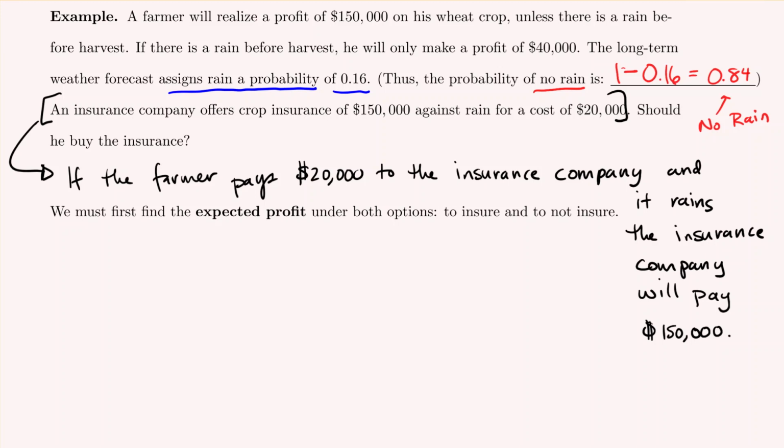However, if it doesn't rain, then the farmer will have paid $20,000, and since it didn't rain, the insurance company does not have to pay anything back.